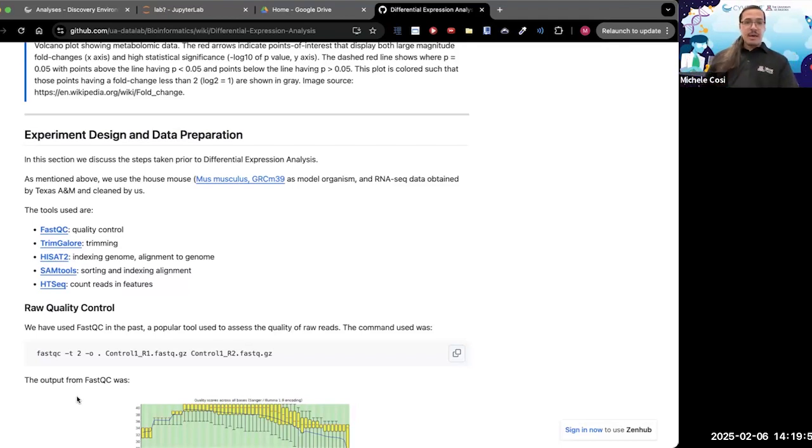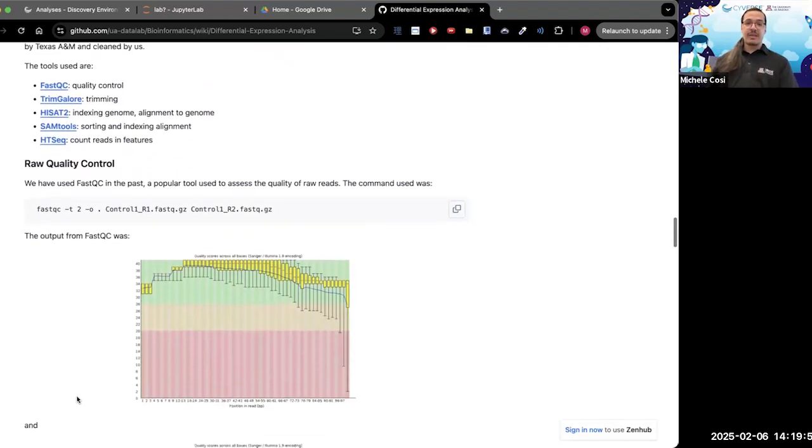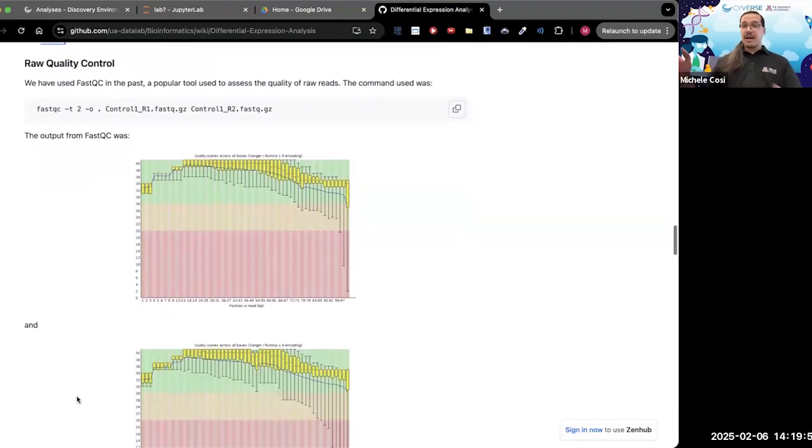There we go. So first of all, we have FastQC, and if you are new to FastQC, what it does is that it gives you the quality of a specific read, and these are ideally the raw reads that you get from your Illumina.